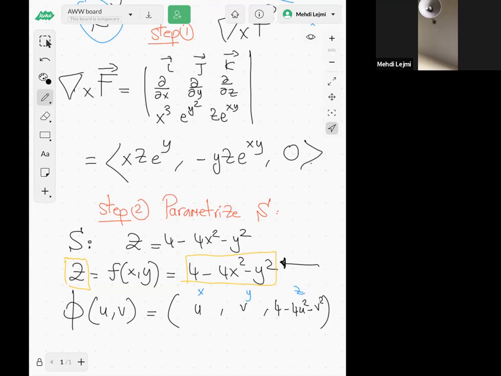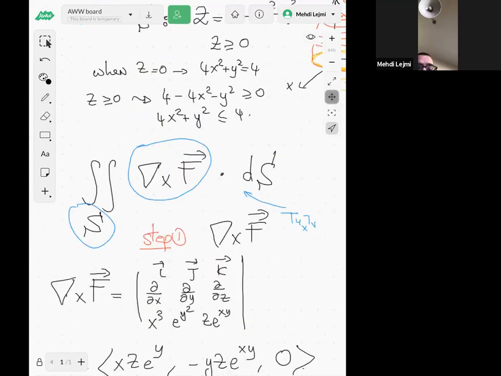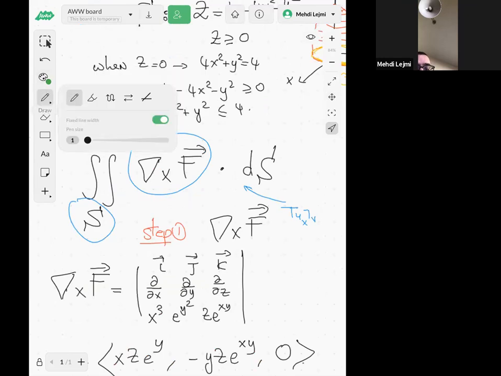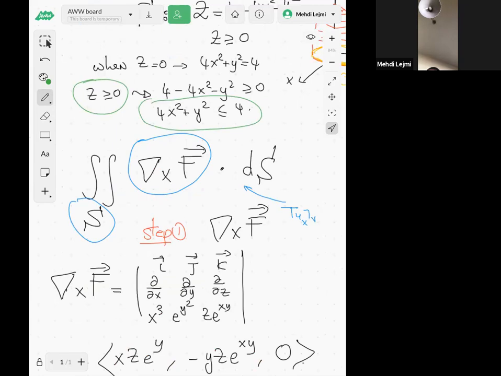Now, what will be the domain for u and v? Remember, guys, we said that because z must be positive or 0, then 4x squared plus y squared is less than 4.